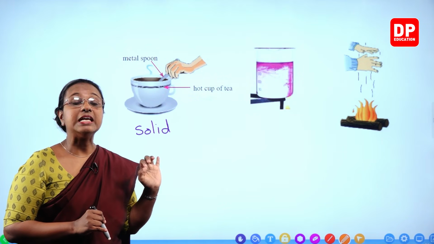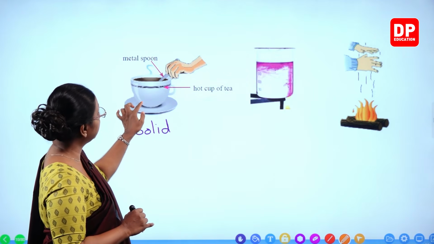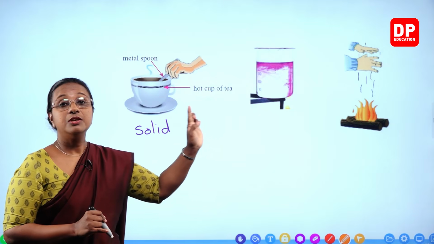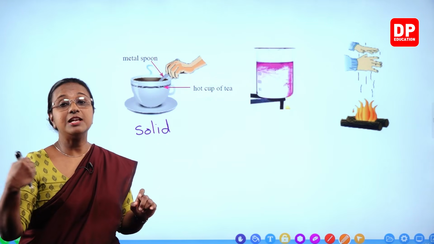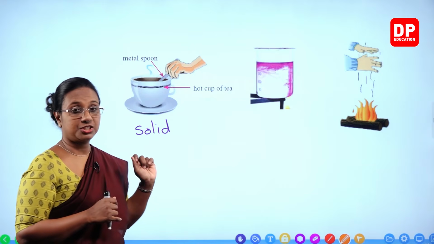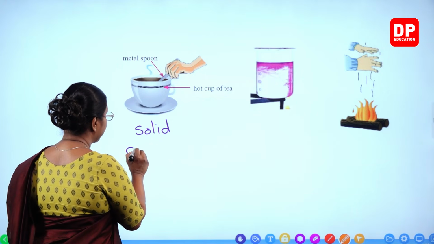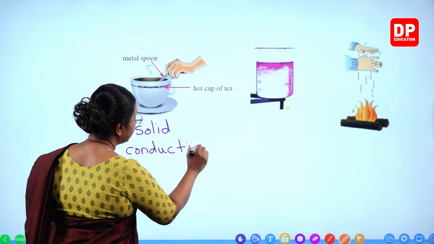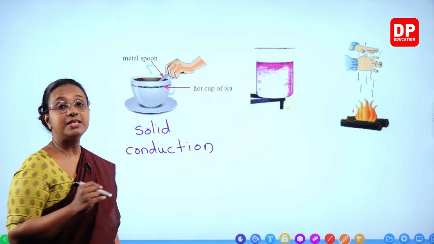So how did the heat transfer from the tea and also part of the spoon that is inside the tea to the end of the handle of the spoon? That is by conduction. This process that is happening in solids that transfers heat is known as conduction.